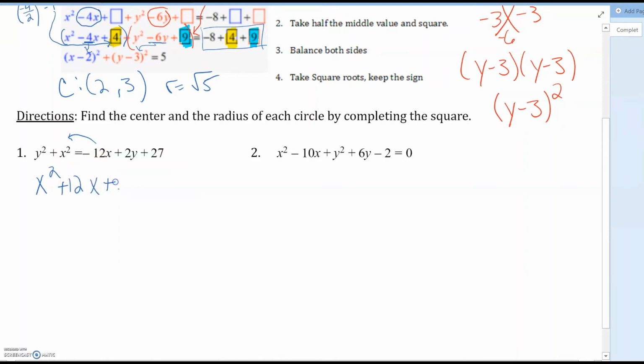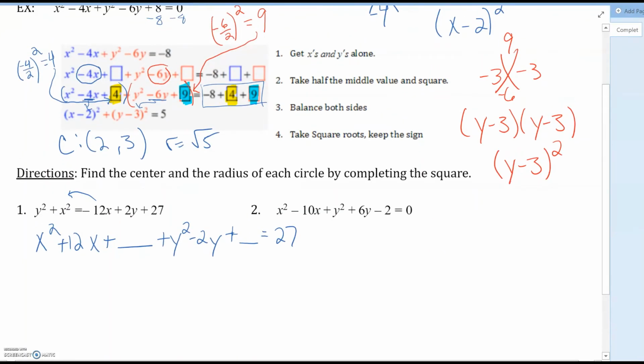Then I'm going to add something in. Then I'm going to have plus y squared minus 2y, because I'm bringing that to y, plus something equals 27. So on the left side here, I should have nothing but x's and y's.